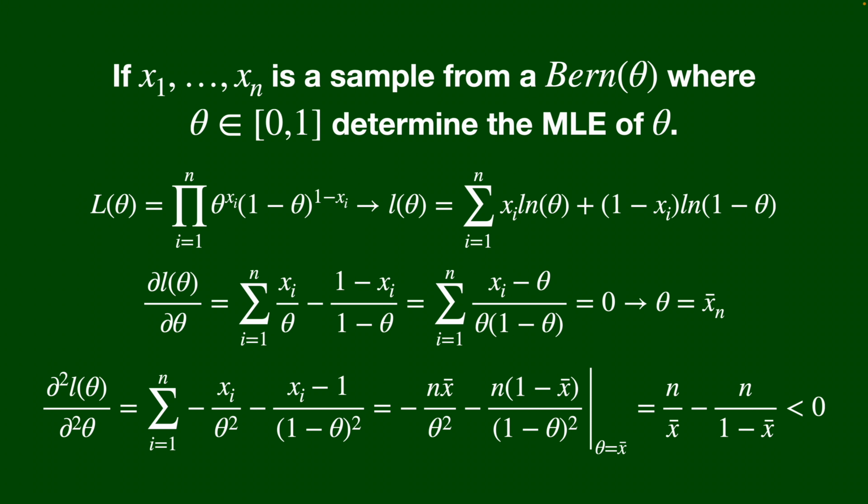Now, I have this right bar here right after that, because remember that we have to plug in our MLE to check that that MLE is actually the maximum. It's not sufficient to just look at this part here and see, okay, is it negative? Over what range is it negative? That's not enough. Plug in your MLE. So in this case, theta is our x bar sub n. And when we plug that in, you notice that on the bottom, we have 1 minus x bar squared, which we can eliminate with our guy on the top.